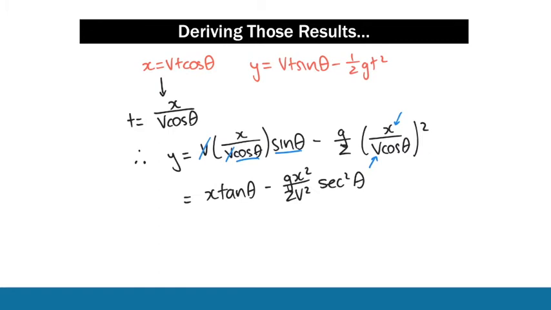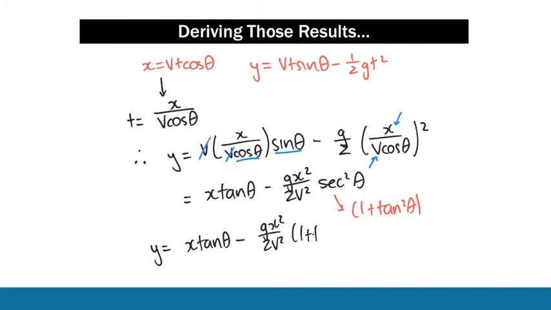Another common thing that you will want to know how to do is this sec squared theta can be converted to 1 plus tan squared theta. What that means is that you can write y is equal to x tan theta minus gx squared on 2v squared of 1 plus tan squared theta.